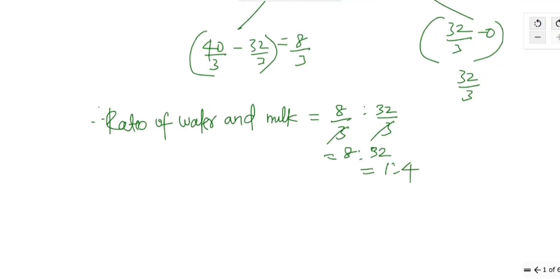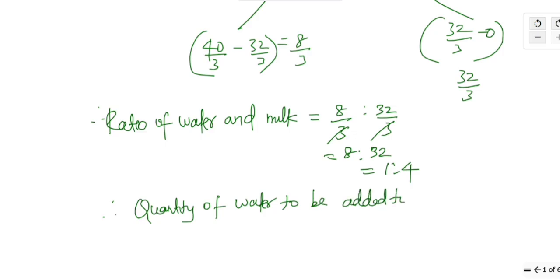Now, the question is about the quantity of water to be added to 60 liters of milk. Here we'll set up a proportion. So 1 is to 4 can be written as 1/4.